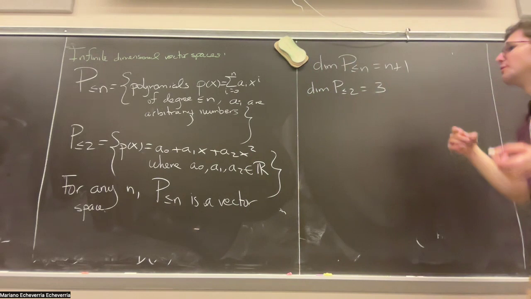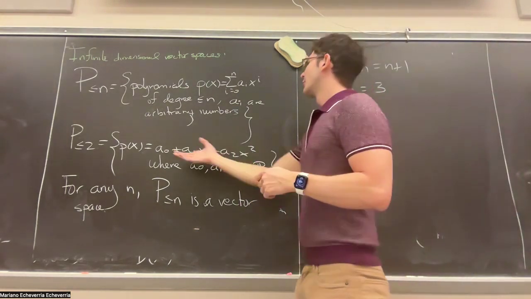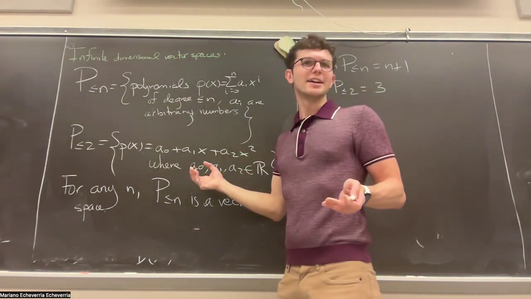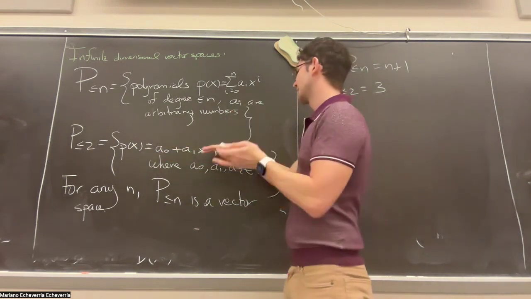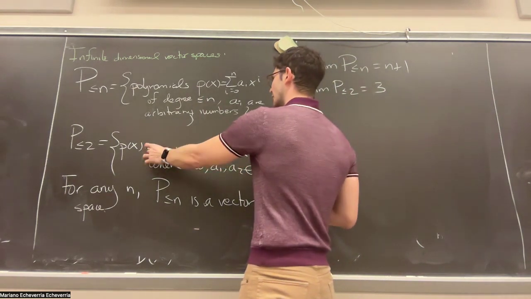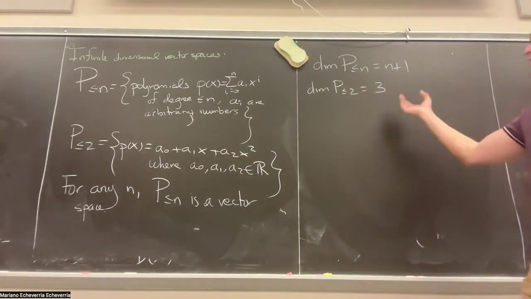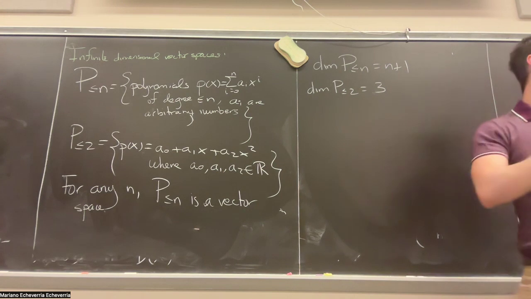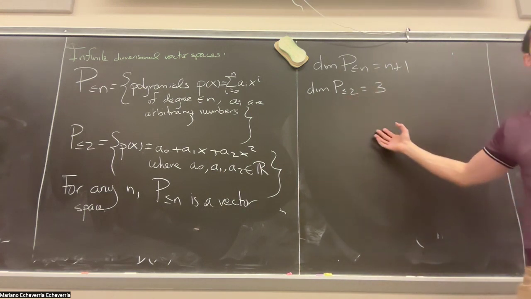And why is that? Because if you look at the specification here, to specify a polynomial of degree two, you need three arbitrary numbers, right? The stuff with the x is fixed in the formula, so the things you're really allowed to change are a naught, a1, a2. One way to see that this is of dimension three is that you can find an isomorphism, a linear transformation, between this and R3.